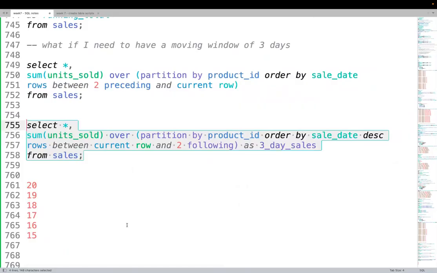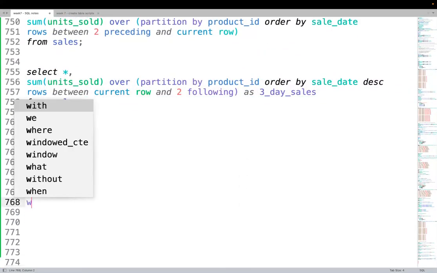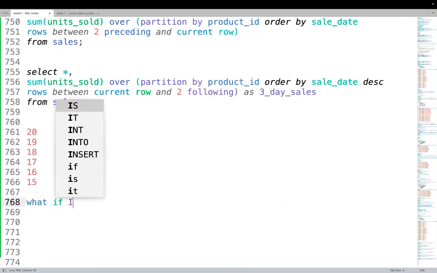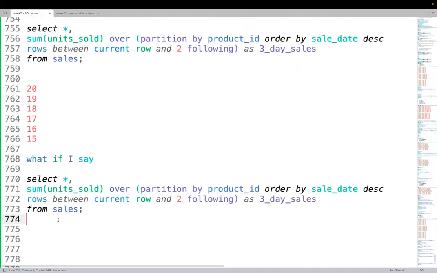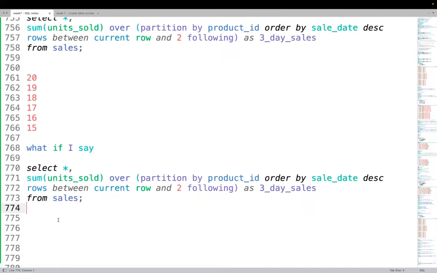Now, what if I say rows between two preceding and two following?